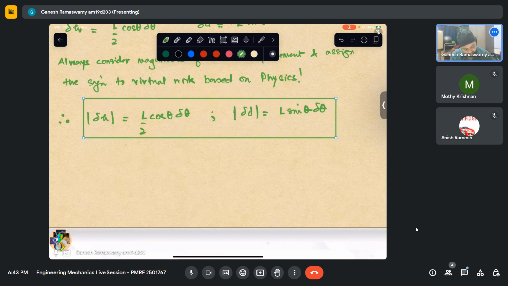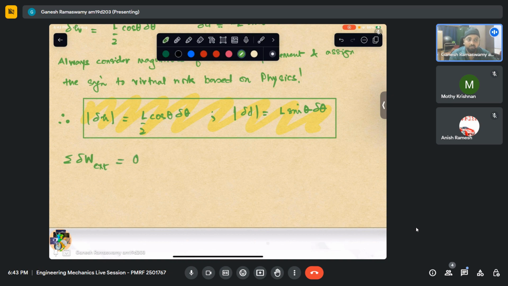Once I have this, I can proceed with my general principle of virtual work. What does that say? That the sum total of the virtual work external is 0 for it to be in equilibrium.